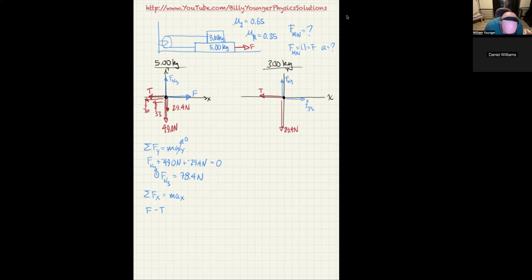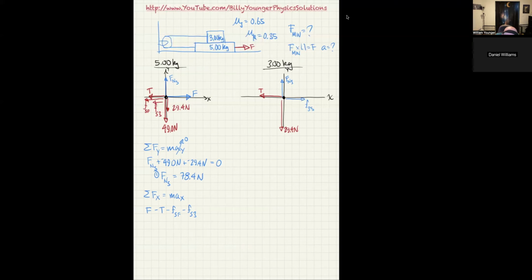So minus T, and then minus f_5,4, which in principle we know the formula for, and then minus f_5,3. And that seems to be all of the forces in the x direction.